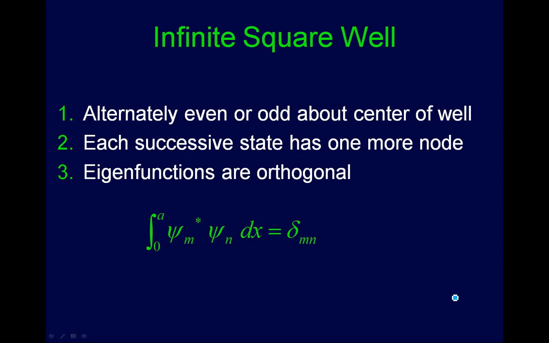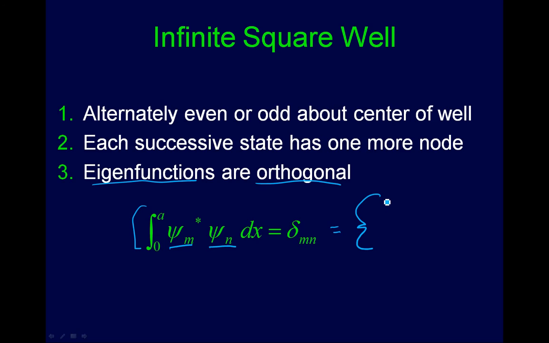Another thing that we're going to find, and we'll talk a lot about this in class, is that the eigenfunctions will be orthogonal. What that means is if I take this equation and integrate from 0 to A of the m and the n of these wave functions, the energy eigenfunctions, it comes out to be this thing here. Now this is a really weird thing.